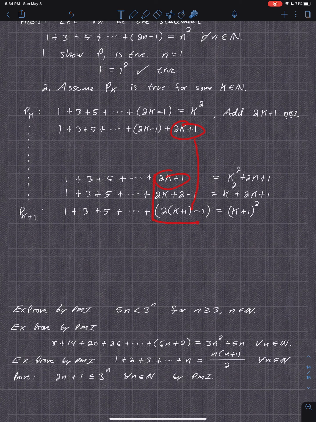These are equal. All of those are equal right there. So this term is actually one of those dots. So then that's equal to k squared plus 2k plus 1.